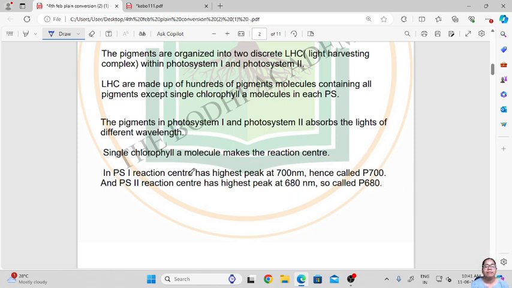Why? Because the PS1 reaction center shows its highest peak at 700 nanometer and the PS2 reaction center shows its highest peak at 680 nanometer. Hence they are named P700 and P680.